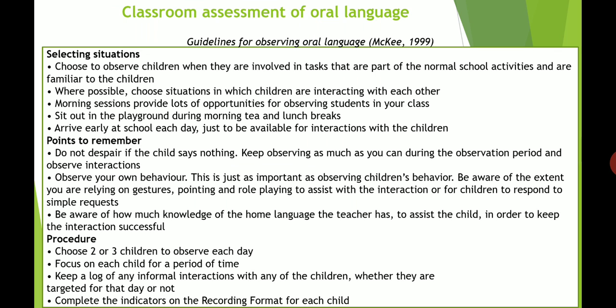The procedure: choose 2 or 3 children to be observed. Focus on each child for a period. This is a useful guideline because it is very hard to observe all of the children in one class, but we can divide it over some days.